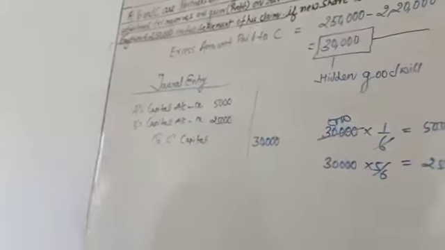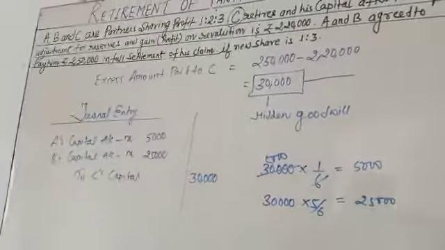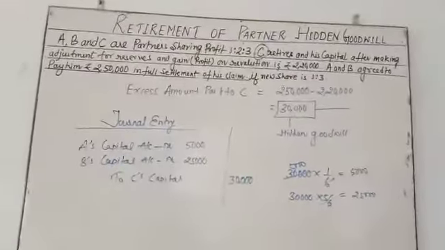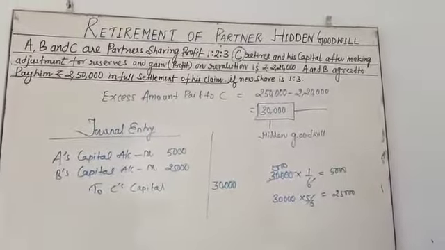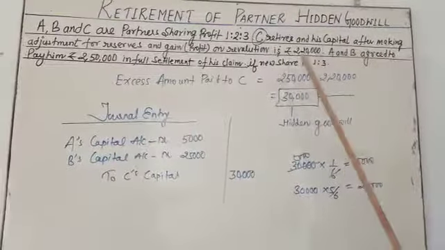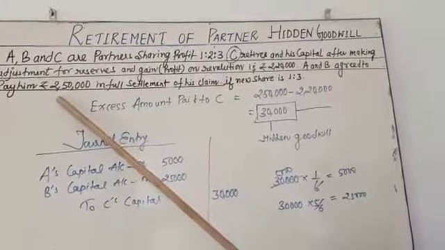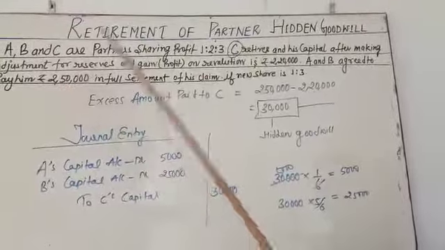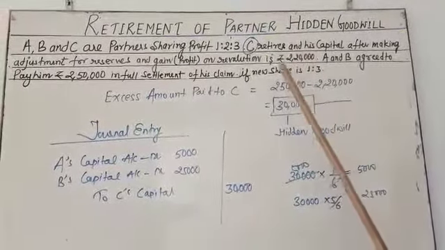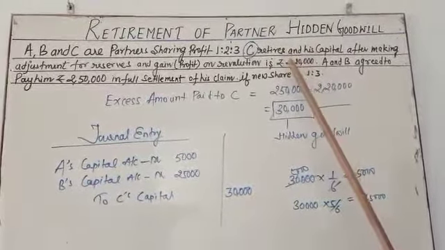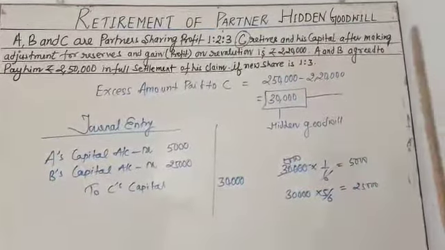Once again, recall the situation. Our topic is hidden goodwill, because A and B have agreed to pay Rs 2,50,000, but the actual calculation of C's payment is Rs 2,20,000 only.